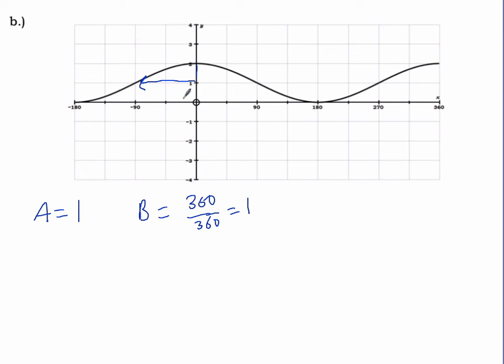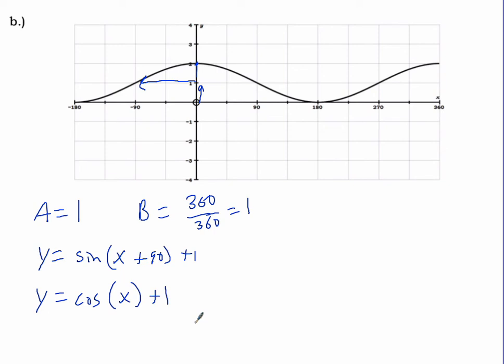And up 1. So the whole thing is y equals, a is 1, so it's just sine x, or sine, b is 1, so sine x plus 90, that shifts it over to the left 90, plus 1 because the whole thing is shifted up 1. So that's the equation in terms of sine. In terms of cosine, it's starting where we want it to be, so there's no horizontal shift. So we just say cosine x plus 1.